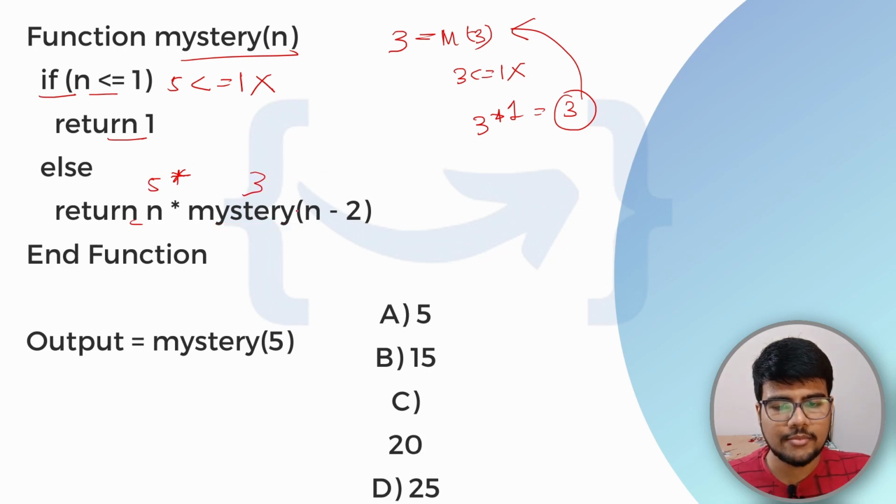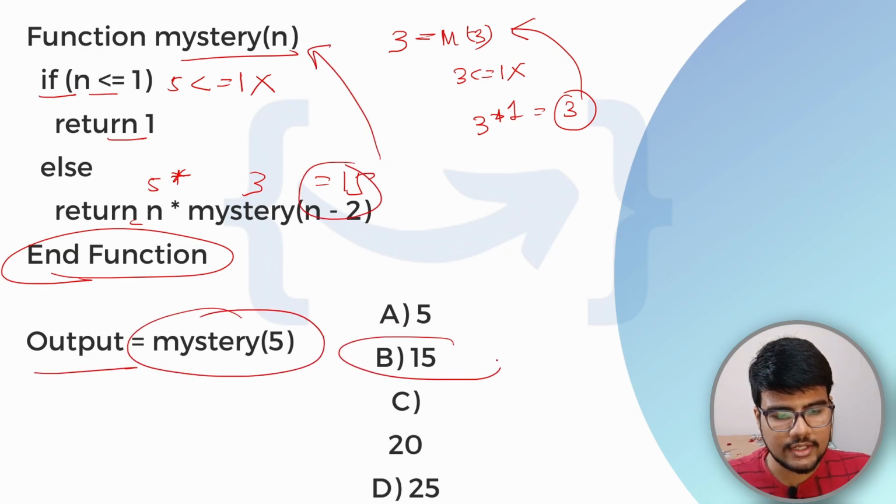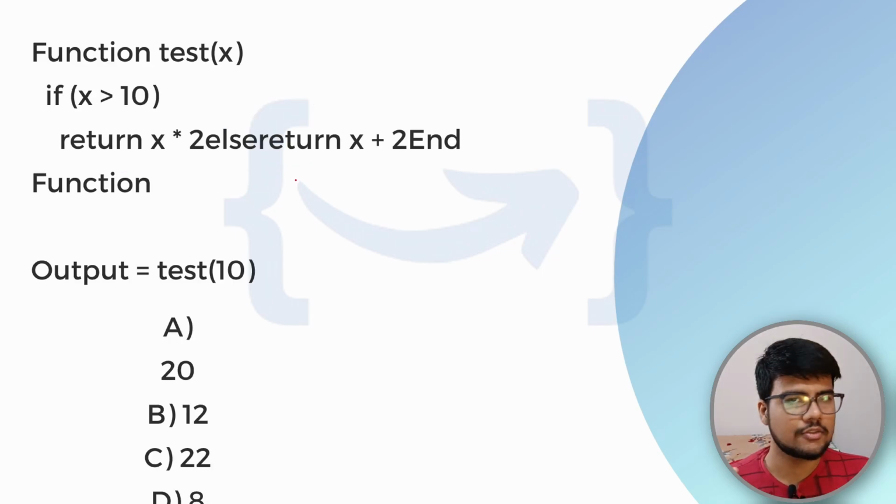So 5 times 3 will give you 15, and end of the function, and 15 would be returned to the function which is called here, and the output will give you the answer as 15. Yes, C, 15. The explanation is that the function calculates the product of odd numbers until n reaches 1. Fine enough. The answer is correct, plus 1 mark.